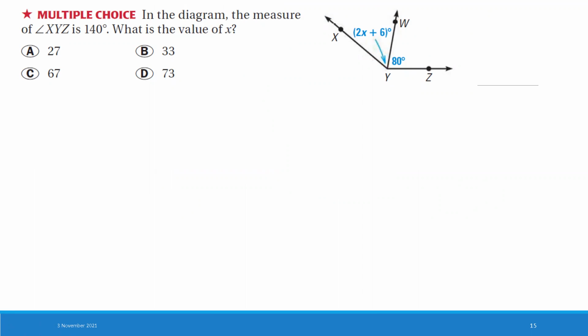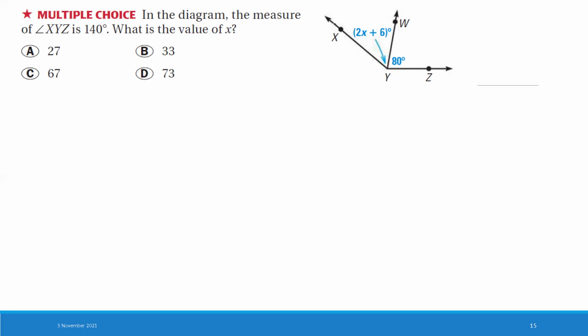What is the value of X? Okay, call Yasmin.